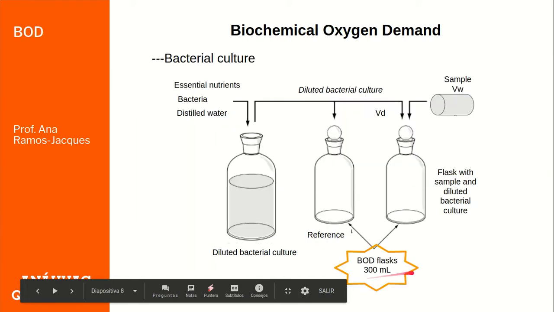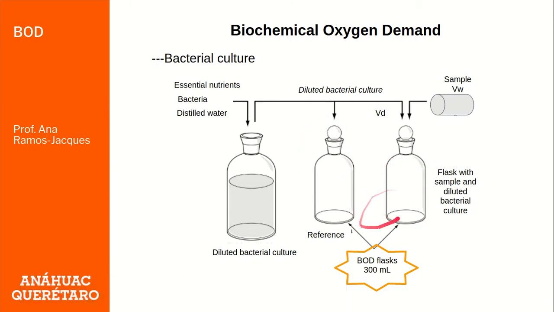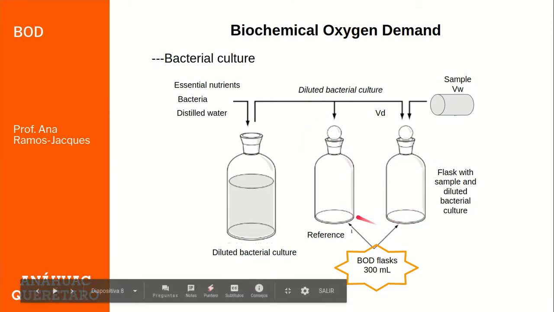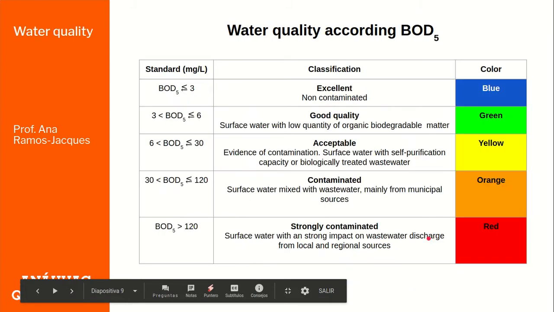An important detail is that the flasks used to measure the quantity of oxygen remaining in the samples are of 300 milliliters. This is also a standard.